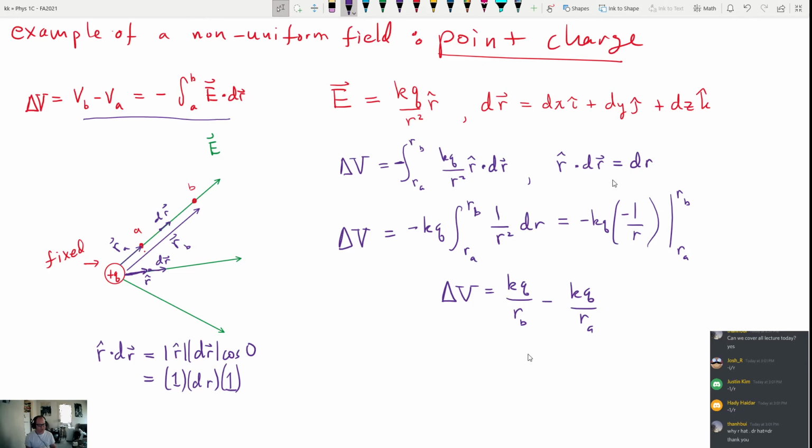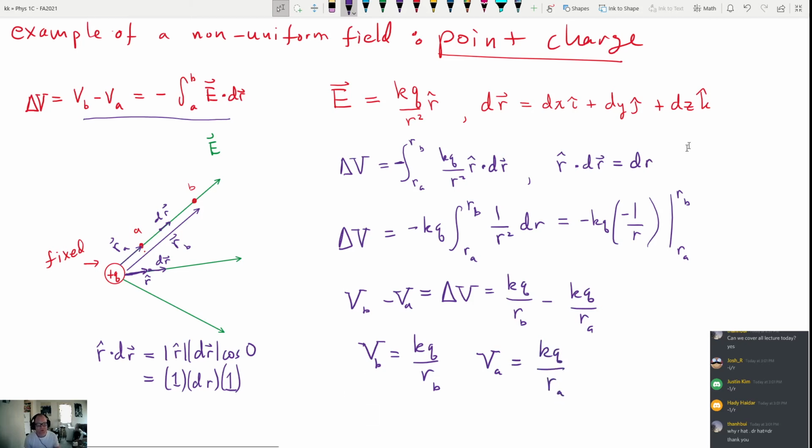So that's the potential difference between those 2 points. But we said before, as you can see up here, that the potential difference is VB minus VA. So if we compare these, we know that the potential at point B is equal to KQ over R sub B, and the potential at point A is defined then as KQ over RA.